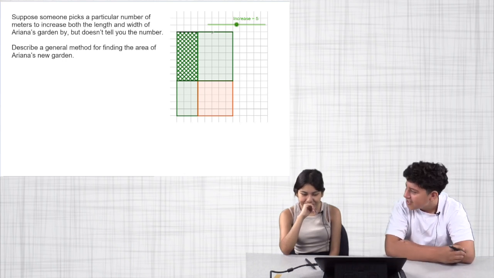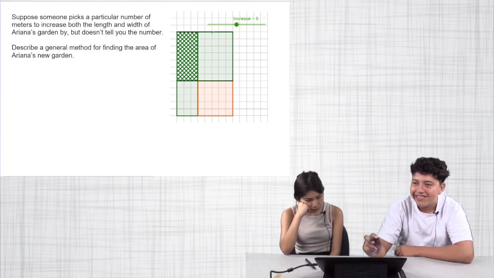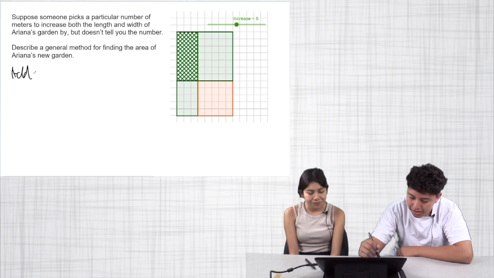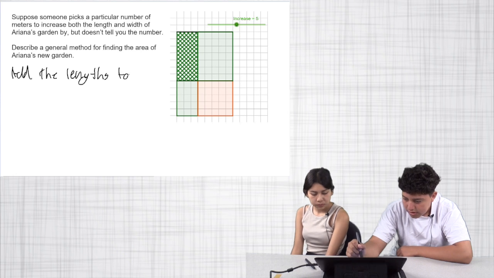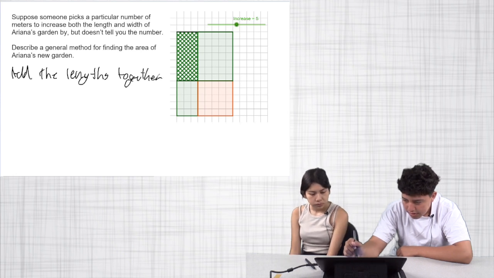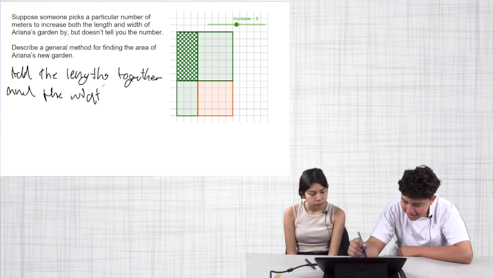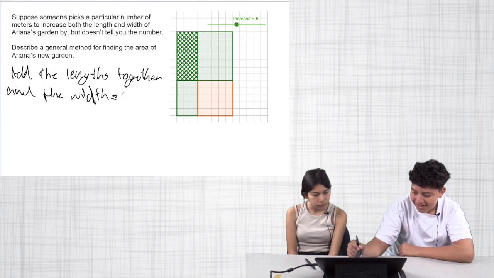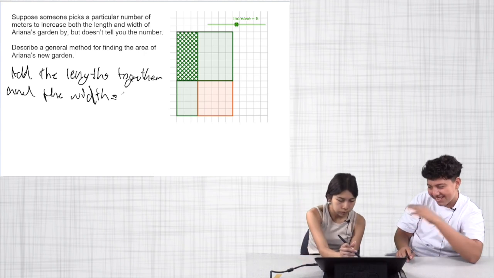Do you like that, Emily? Can someone write that down in a sentence, and then we're going to get to an equation next? And then put and multiply together.